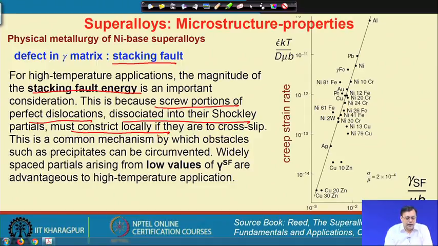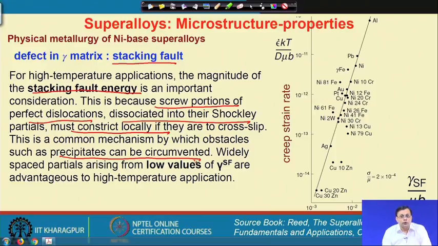And this is a very common mechanism by which an obstacle such as a precipitate can be circumvented. It means that a widely spaced partial arising from a low value of gamma, that is, stacking fault energy, is advantageous for high temperature application.